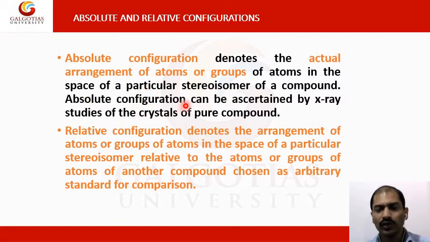Absolute configuration can be ascertained by X-ray study of the crystal of a pure compound. This X-ray study, XRD, and these kinds of studies are very helpful to see the absolute configuration of a compound when it is in crystal form.